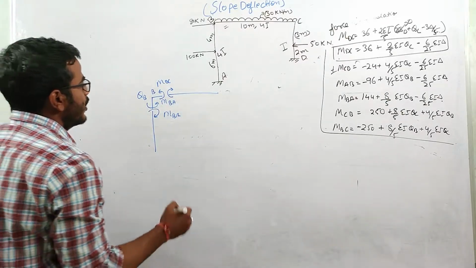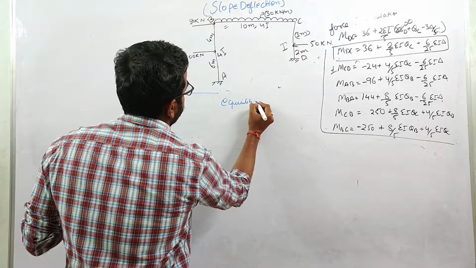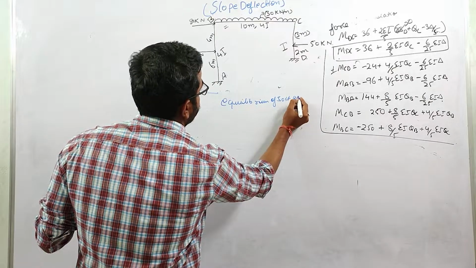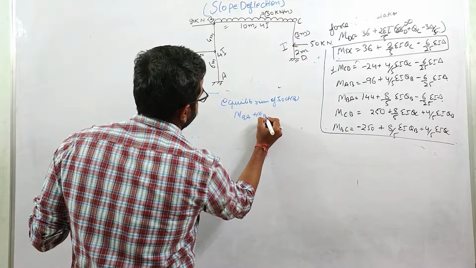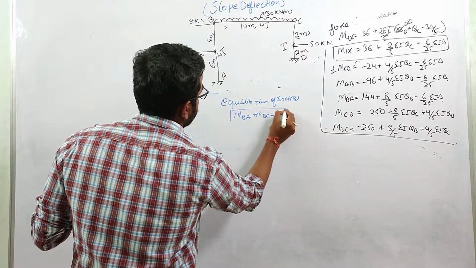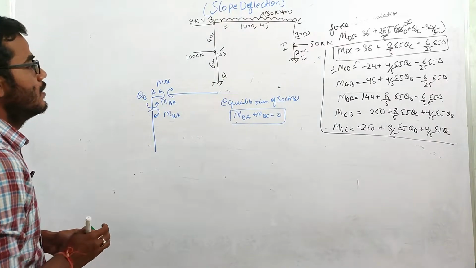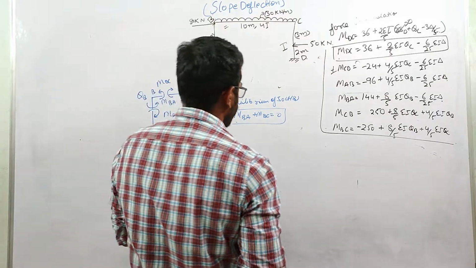So for equilibrium of joint B, I can write MBA plus MBC equals 0. So this is the first equation I'm getting by considering the equilibrium of joint B.